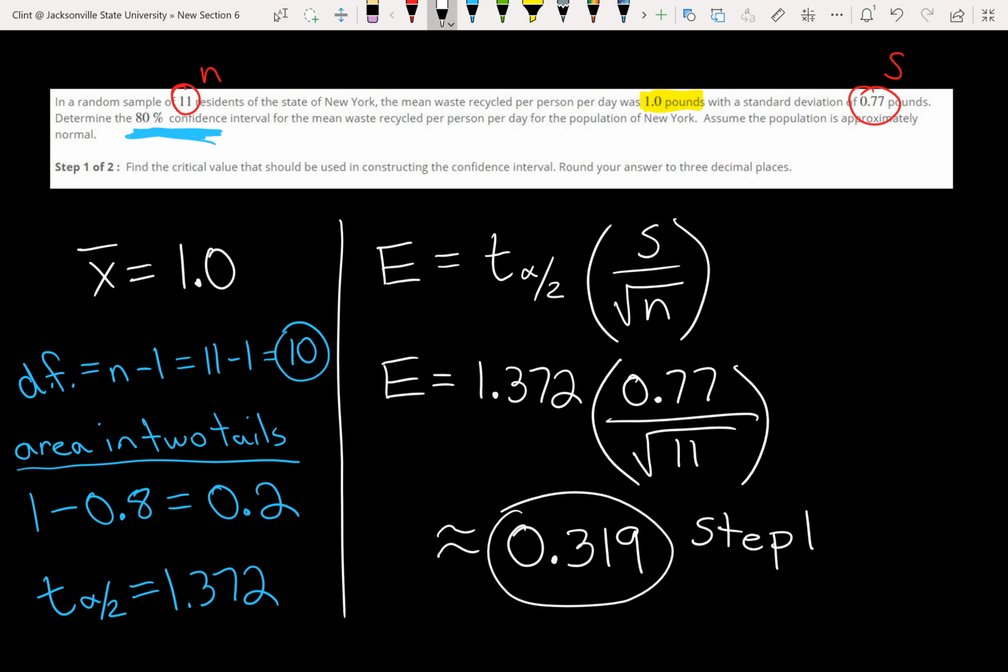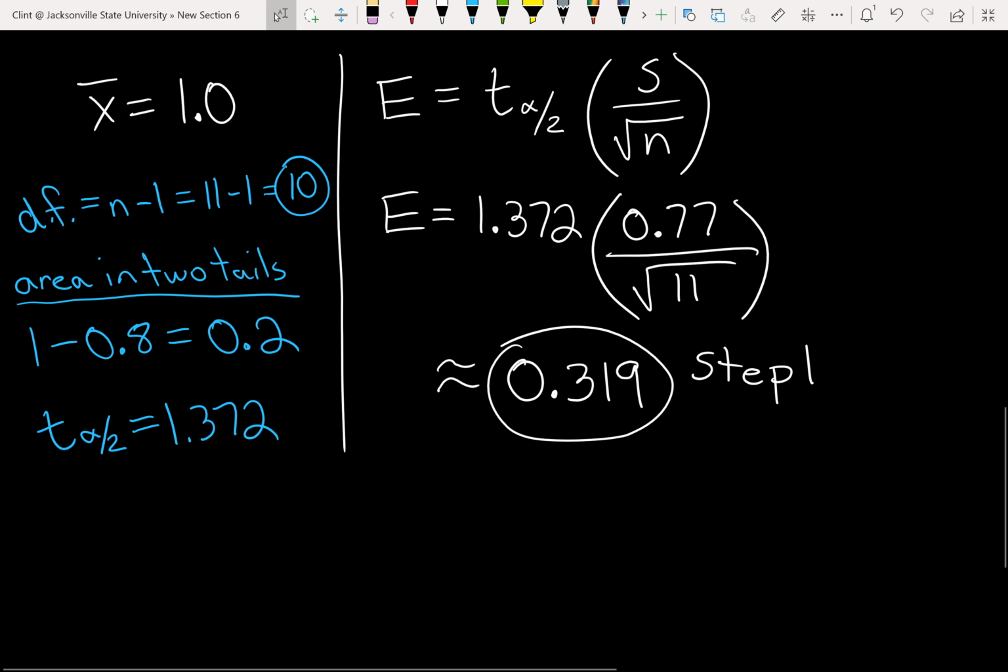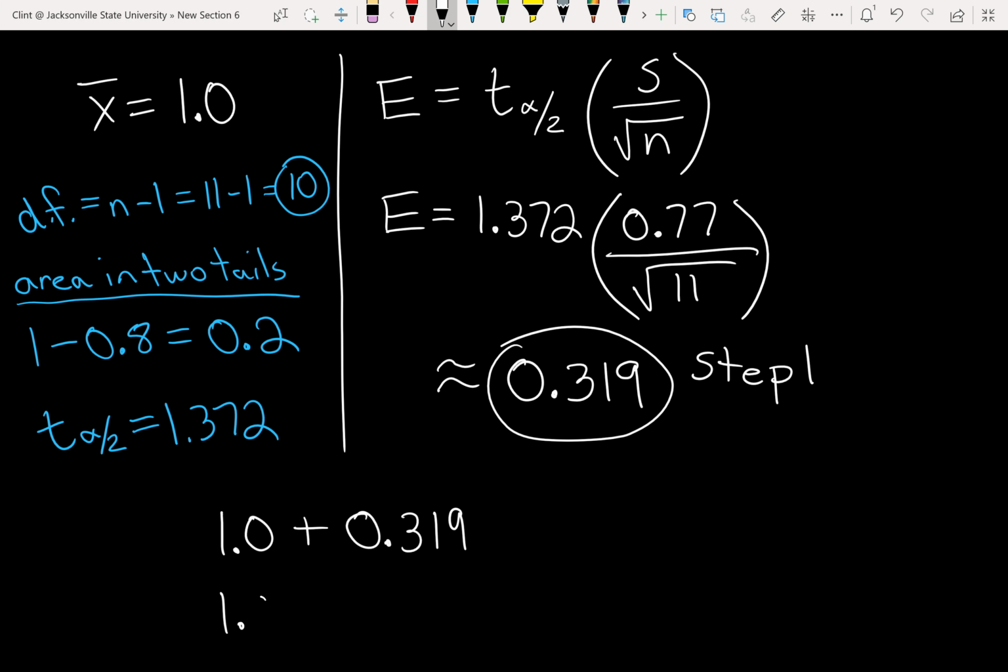On step 2, it's going to ask us to make the confidence interval. So we'll do that by taking our sample mean, 1.0, and adding and subtracting our margin of error, 0.319. So for the upper endpoint, we'll add. For the lower endpoint, we'll subtract. And this one's pretty easy to do since our sample mean was easy. On step 2, it'll say we can round to 1 decimal place.